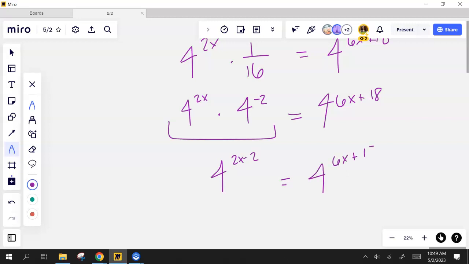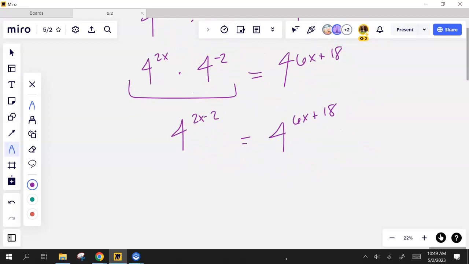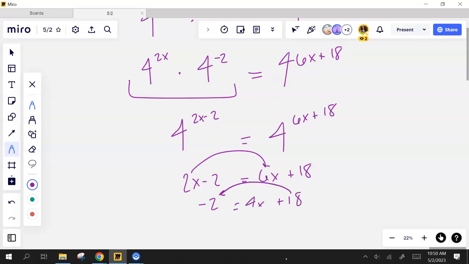And now I can set the exponents equal to each other. I'm going to move the 2x first. So -2 equals 4x plus 18. Now I'll move the 18. I got -20. So what is x?